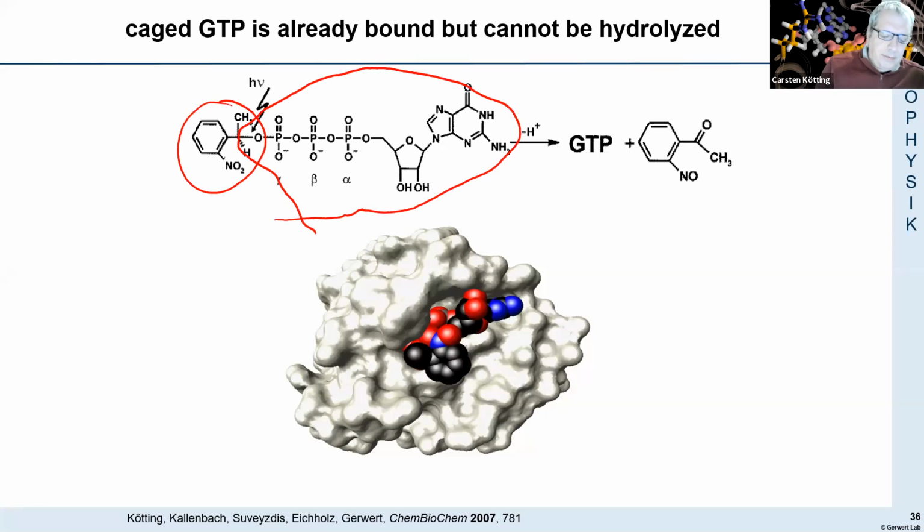And this is already bound within the RAS protein in the binding pocket of the GTP. You can see here the cage group, and by a laser flash, you cleave off the cage group and you end up with a natural GTP, and only then you can investigate the hydrolysis reaction of the GTP.